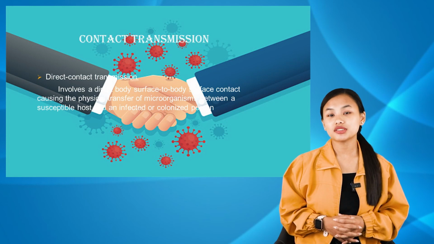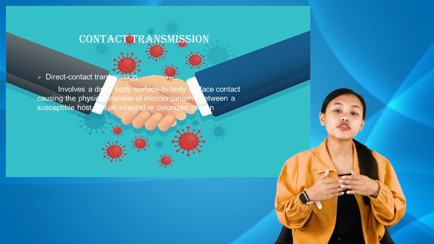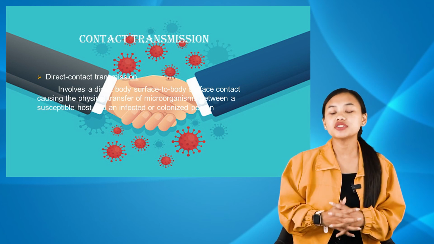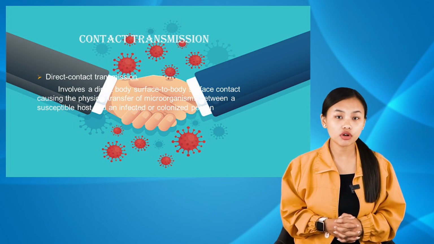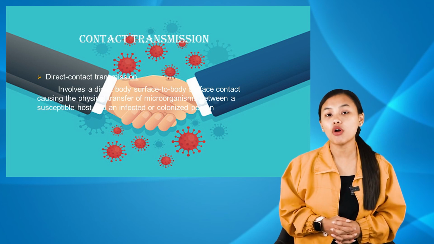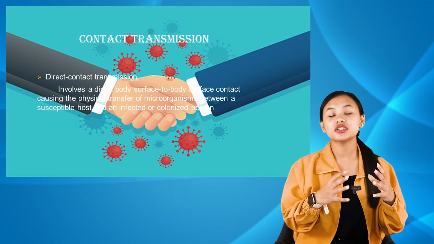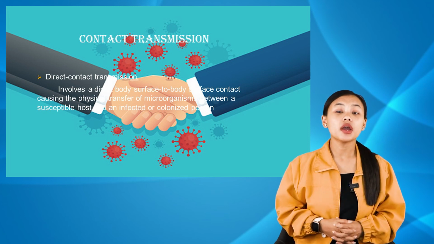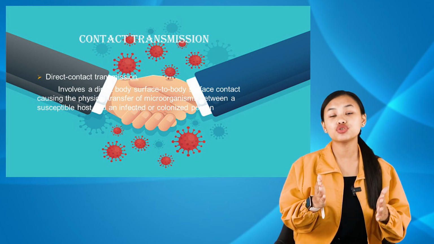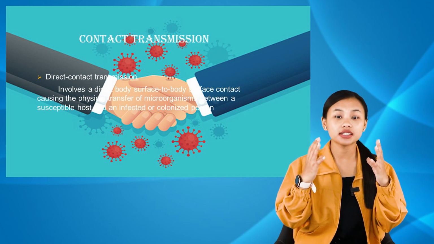So this direct contact transmission involves the direct contact of the body surface of one person to the body surface of another person, causing the physical transfer of microorganism between the susceptible host and an infected or a colonized person. So from the name itself, we can understand that this is a process whereby the microorganisms can be easily transmitted from the infected person to the susceptible host when these two are directly in contact.